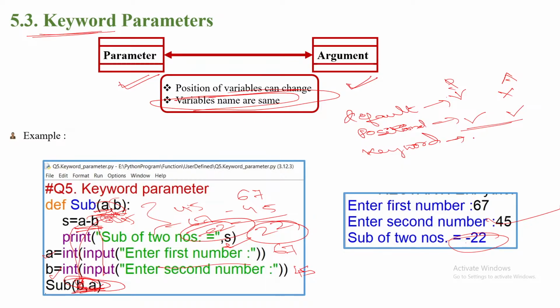Now keyword, passing the arguments, receiving the parameters, positions we can change, but the variable's name we cannot change. Here variable's name is the same. Where? In the keyword. In positional, variable names are not the same, and in default also, no.